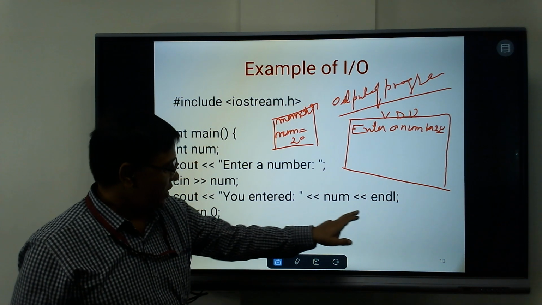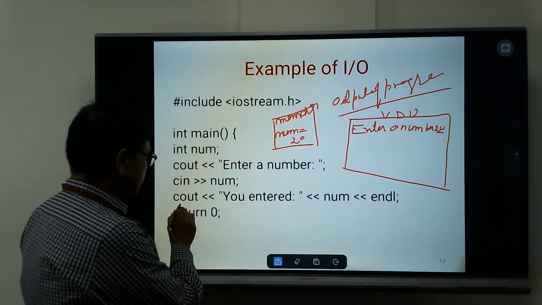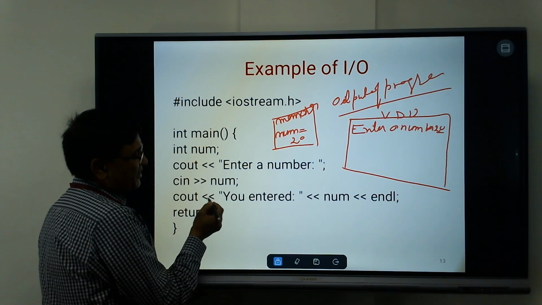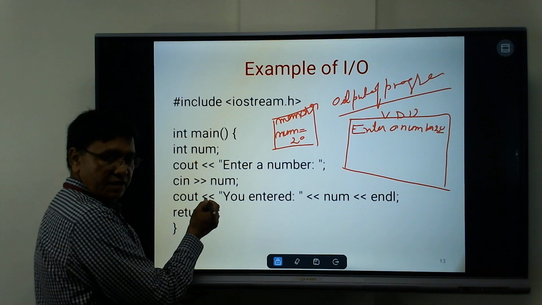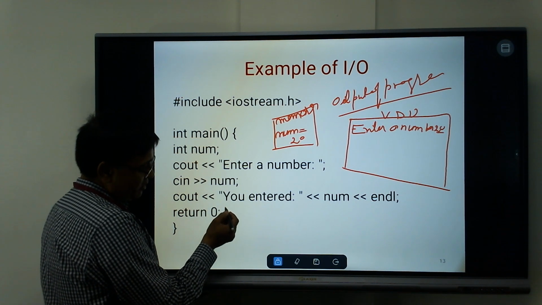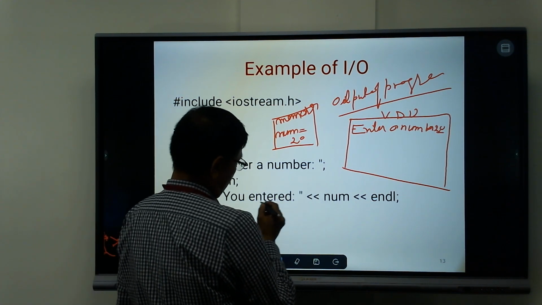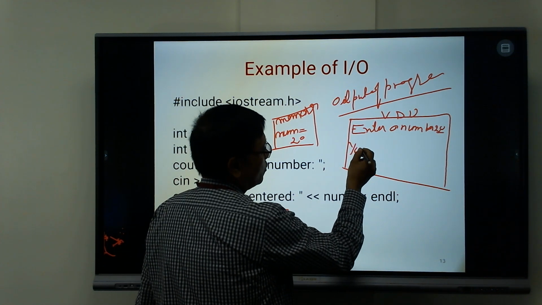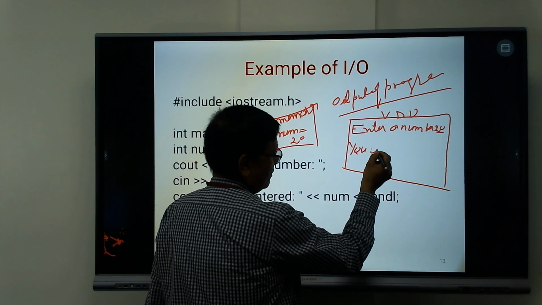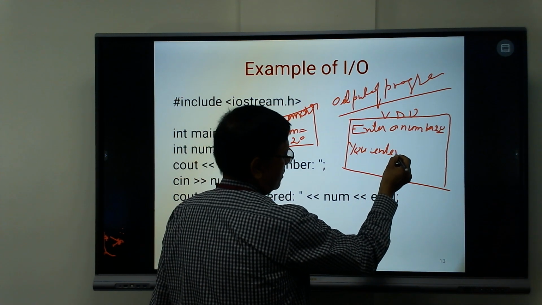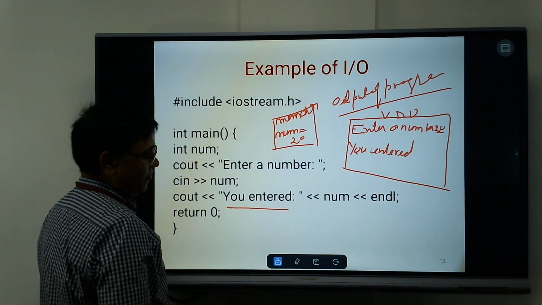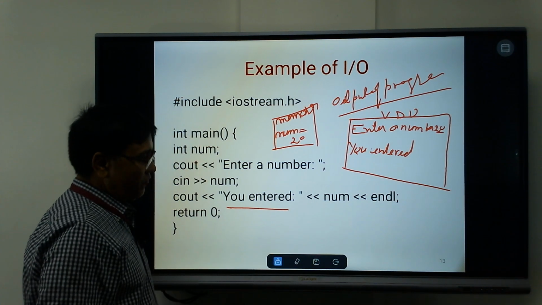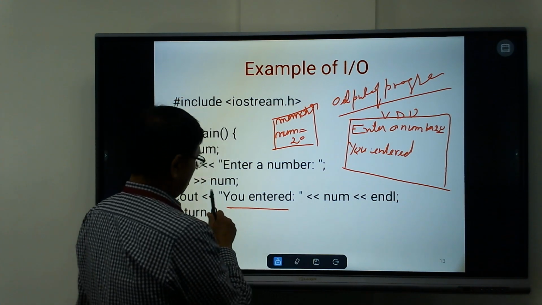Then this statement you will execute. This cout statement, this is a redirecting operator, representing your output stream. So "you entered" will display. Then to display the memory variable value, this num, what is the value of num here?